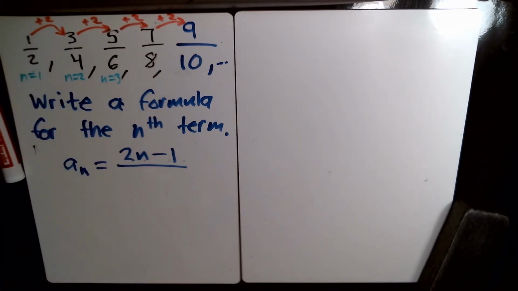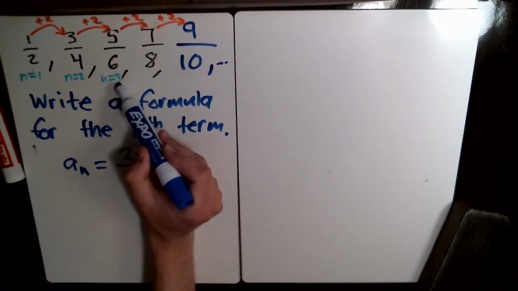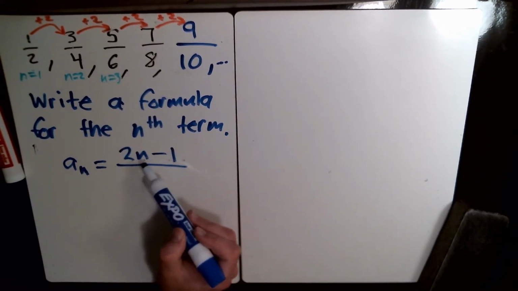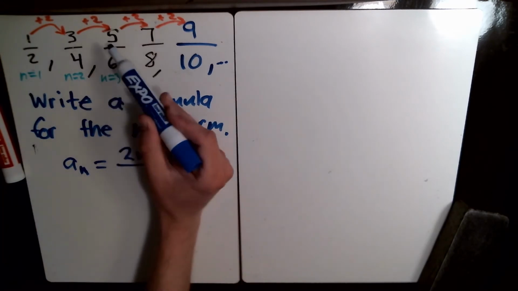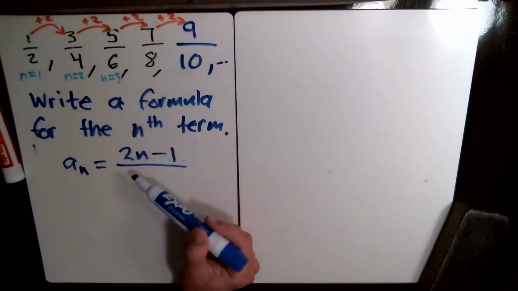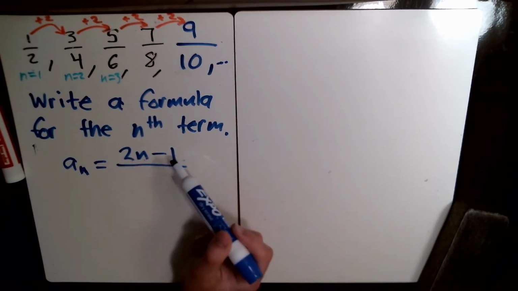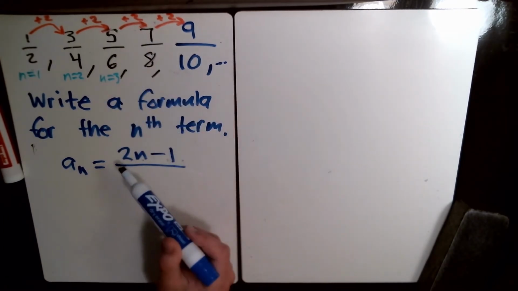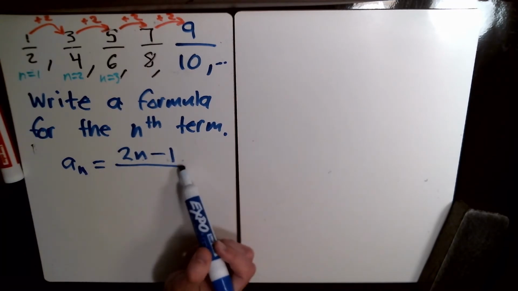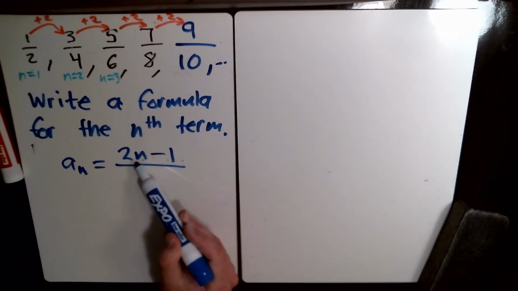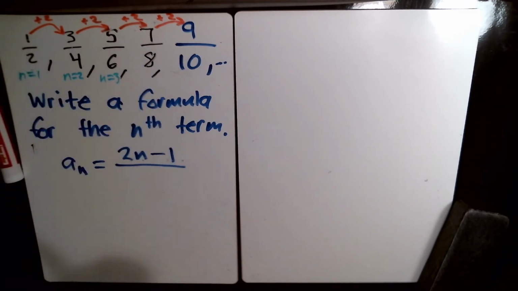Then let's try 3. 2 times 3 is 6, minus 1 is 5. For n equals 4, we get 2 times 4 is 8, minus 1 is 7. So we've got the right formula for the top of my fraction. This will give me the top of my sequence.